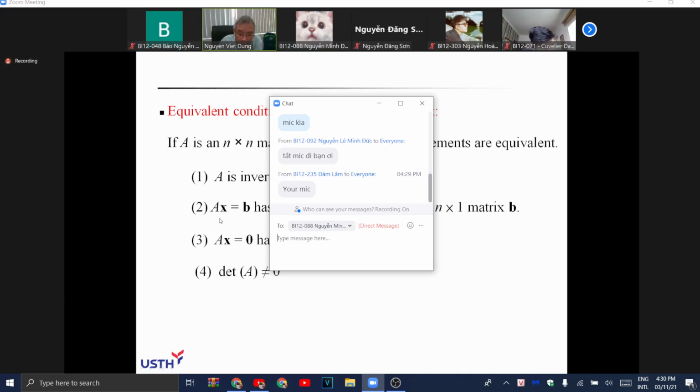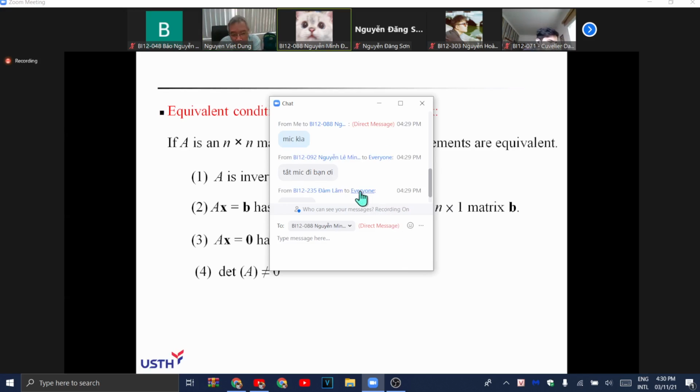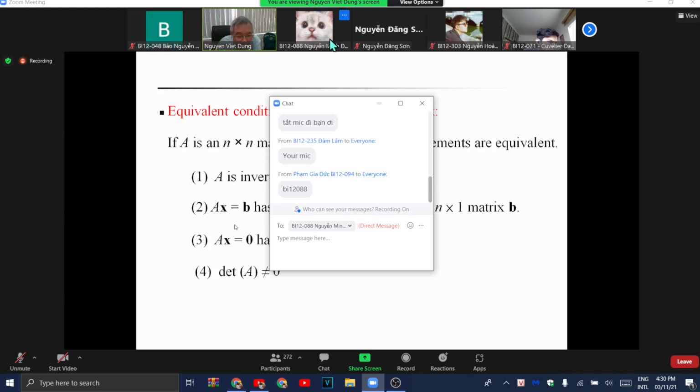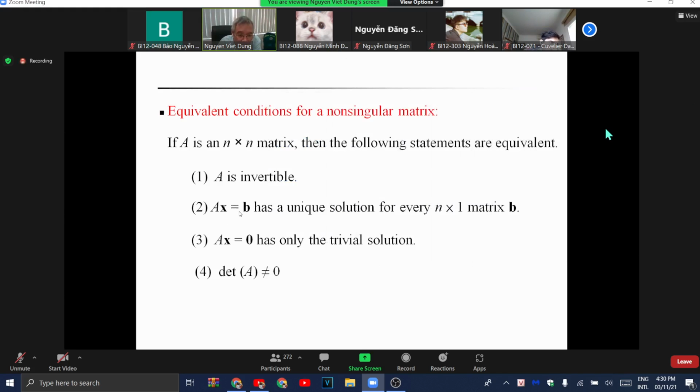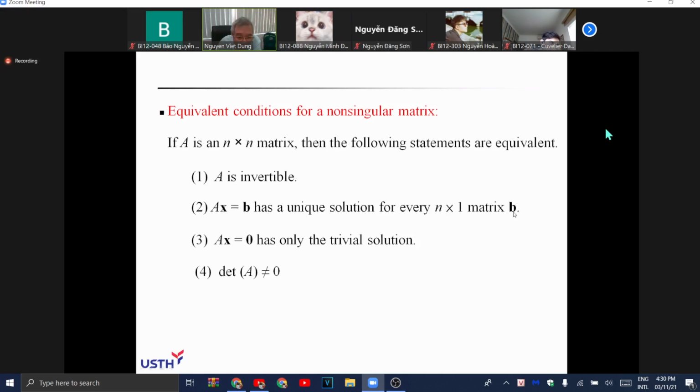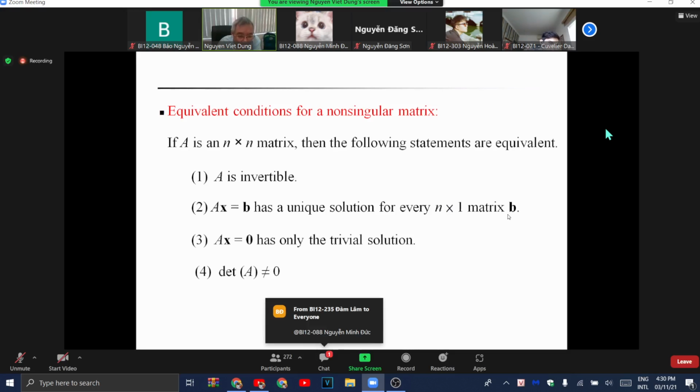The second claim says that the system of linear equations AX equals B has a unique solution for any column matrix B. The third claim says that AX equals 0, that is a homogeneous system of linear equations, has only the trivial solution, meaning the solution consisting of only 0.